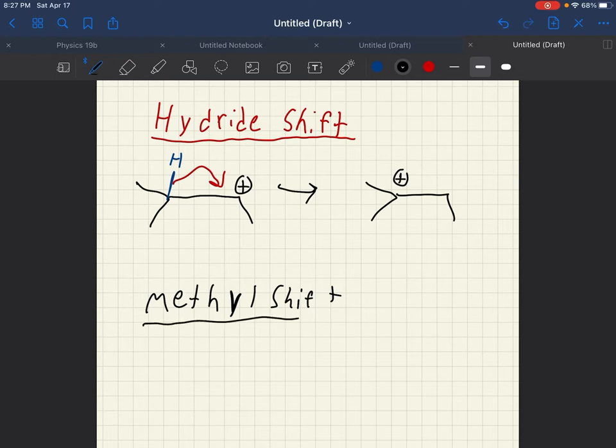So let's take a look at that. A good example of that happening would be something like this, and then this would come over, and this would leave us with a tertiary carbocation, which is more stable than our secondary carbocation.